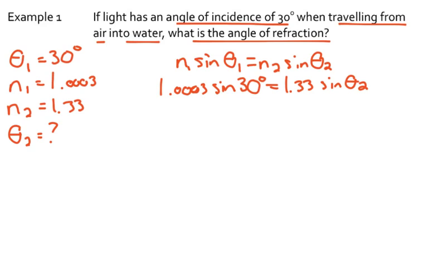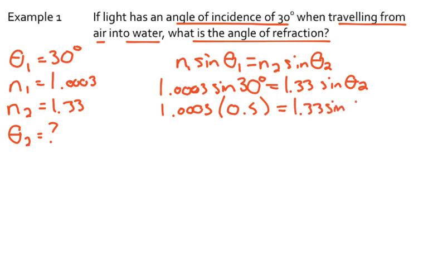First step, anytime we have an angle, deal with that piece in the calculator by itself. So 1.0003 is going to be untouched. Sine of 30. Type that into the calculator. That should be exactly 0.5. If it's not, check the calculator mode. Make sure you're in degrees.